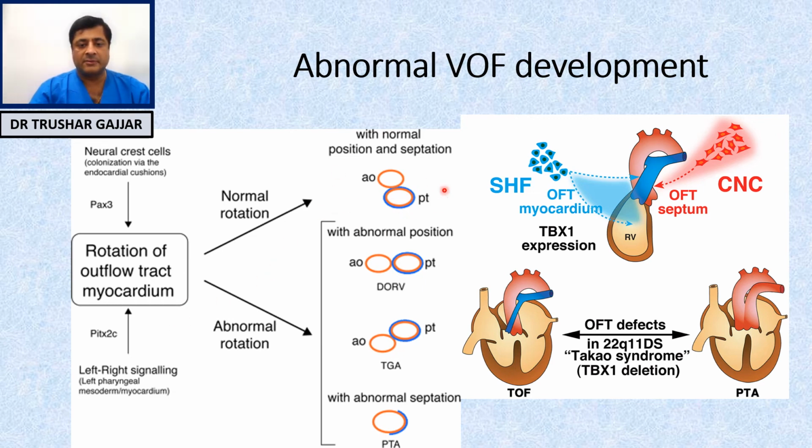So in the normal heart we have seen that the aorta is right and posterior, the pulmonary artery is left and anterior. In abnormal positions, like side by side in DORV, the aorta comes anterior and PA goes posterior in transposition, and there will be a non-septation, which is called truncus arteriosus.